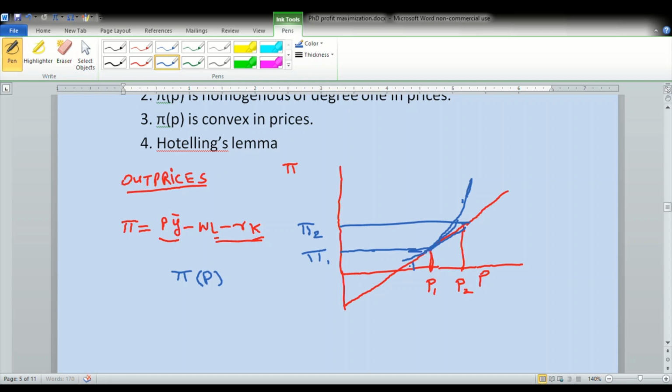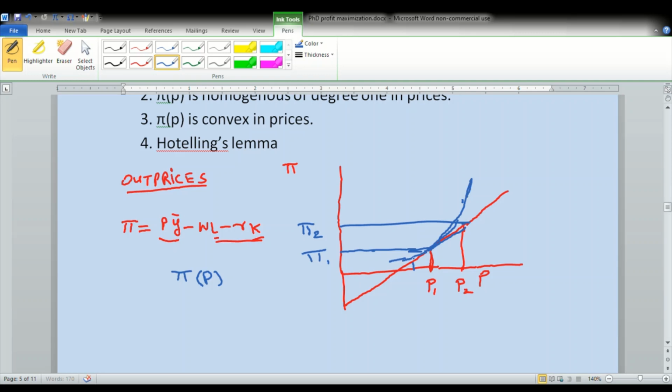Profit will be decreasing, but at a sort of decreasing rate. Why? Because you will be adjusting your output to the reduced price, and so your profit will not be falling linearly. It will be decreasing at a decreasing rate.